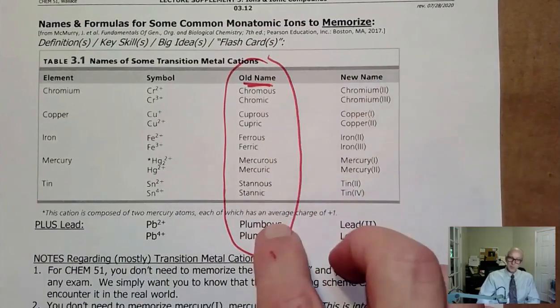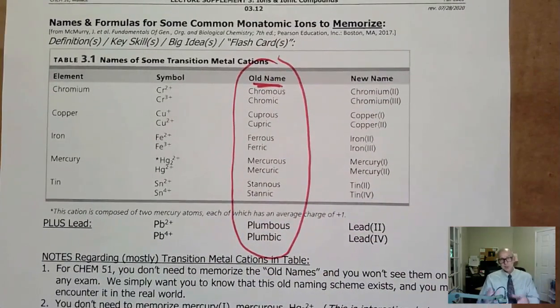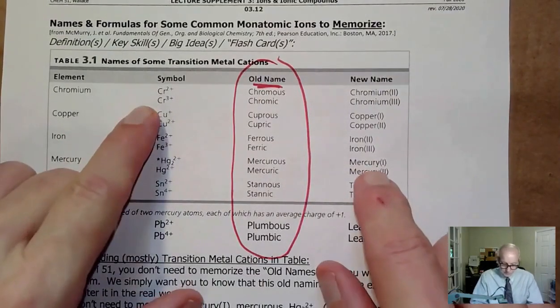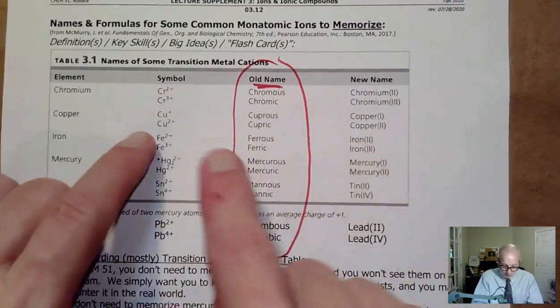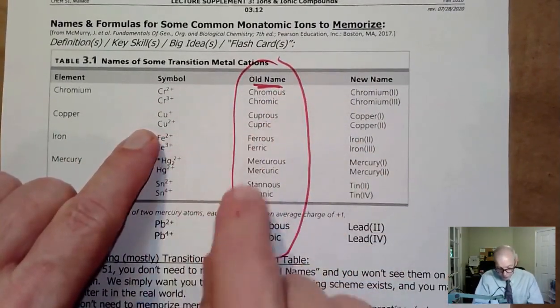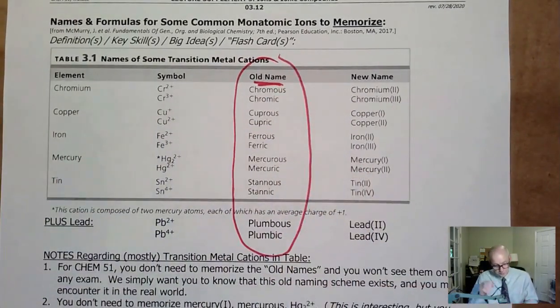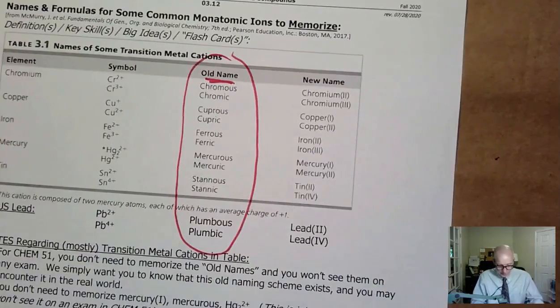Right there. Ferrous means iron 2 sulfate. So these won't go away. So we have to know this other way of saying this as well. Chromium, chromous or chromic. Copper can be cupric or cuprous, and so on. There's just pure memorization. Now there's one pattern that will help us a little bit.